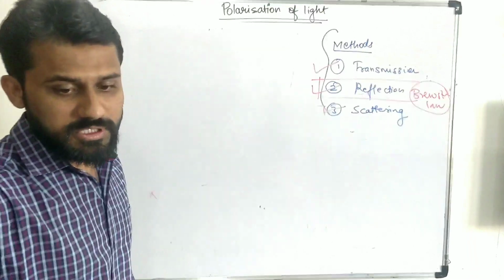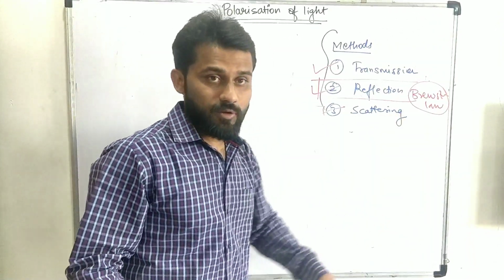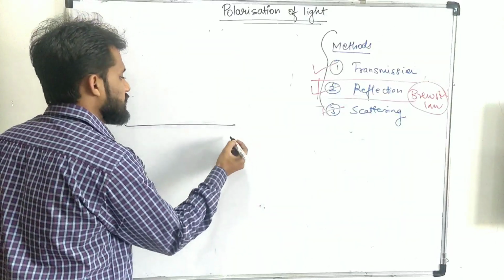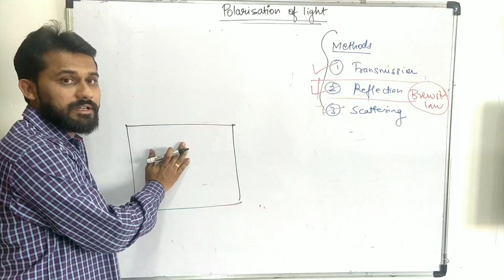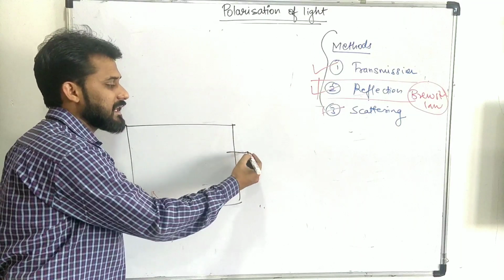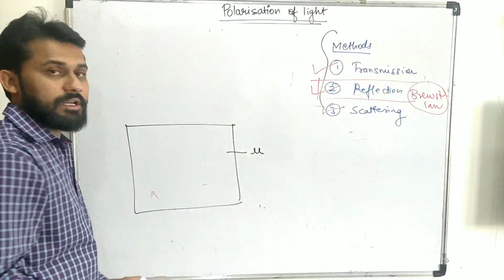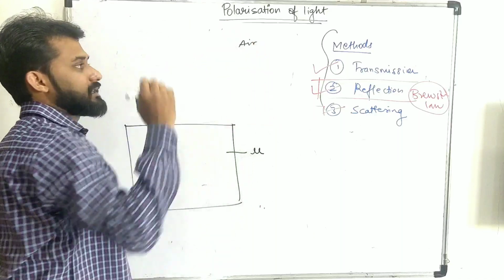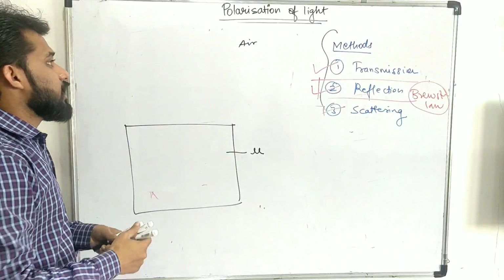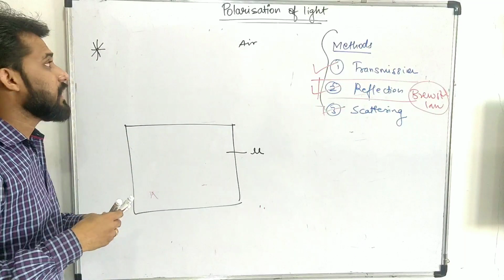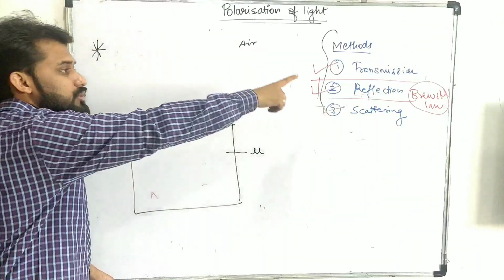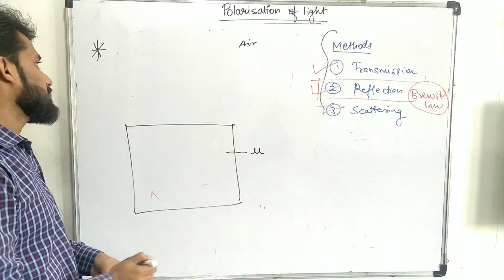See, it is also called Brewster's law. How you can polarize light using reflection. Let us say this is some refracting substance like glass, whose refractive index is mu. Outside is air, whose refractive index we consider 1. And here there is a source in which the light is unpolarized. Now, this is Brewster's experiment, look, the experiment was very simple.